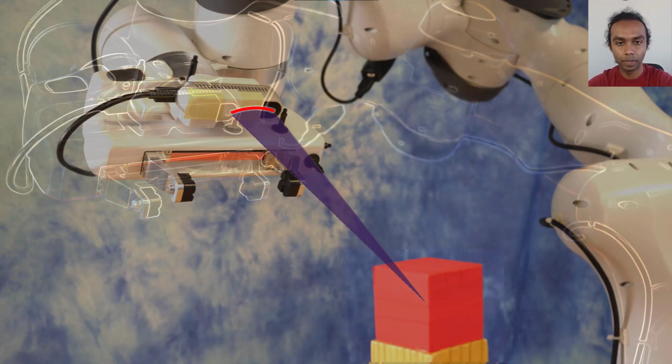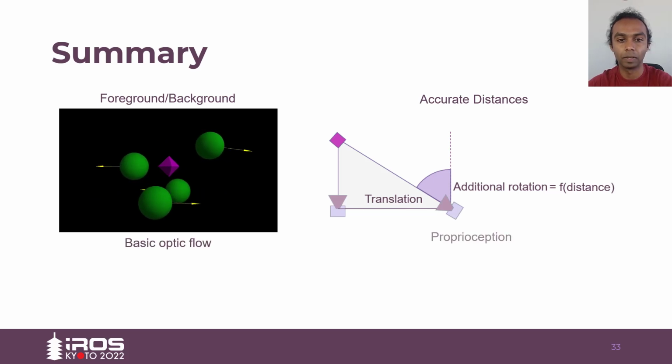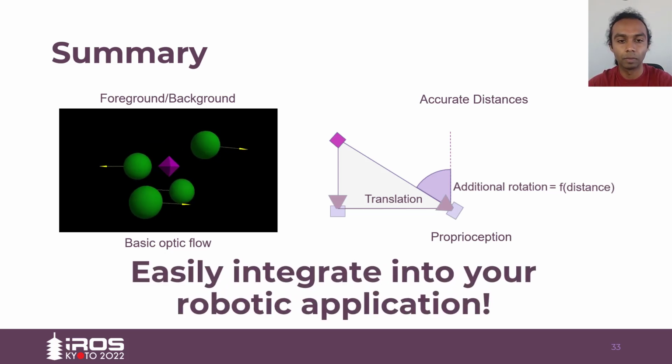So, with a manipulator robot and an RGB camera, you can add robust 3D capabilities at almost no cost. Obstacle detection can use a basic optic flow algorithm, and distance measurement can use information already available on the robot. So, you can easily integrate fixation into your robotic application.